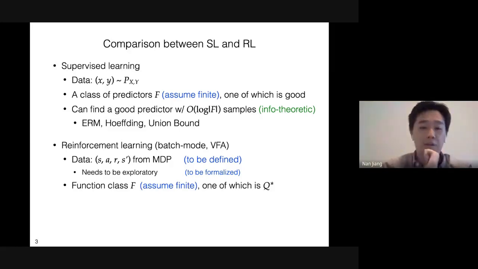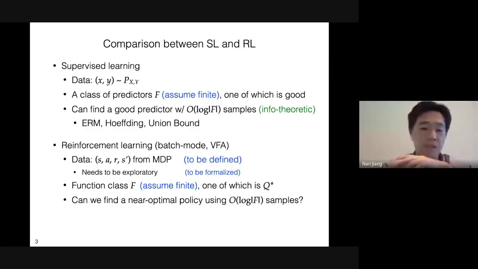And similarly, we'll have a function class F. Again, we're assuming that it's finite. And one of these functions is Q star, the function that we want to approximate. So we're really in this realizable setting. Okay. And the question again is, can we find a near optimal policy using order log |F| number of samples?